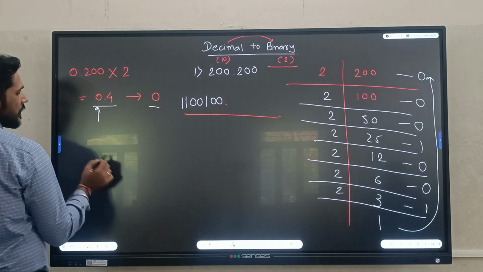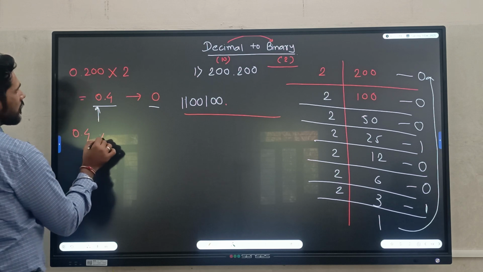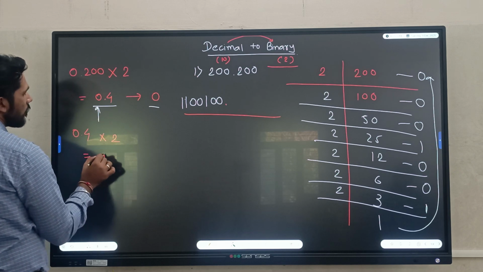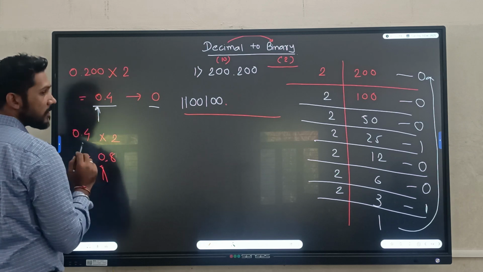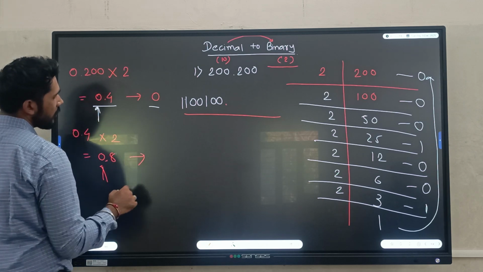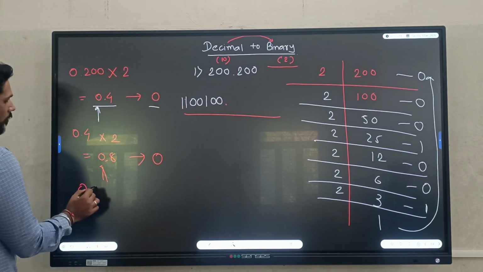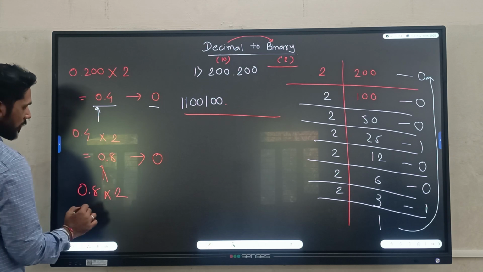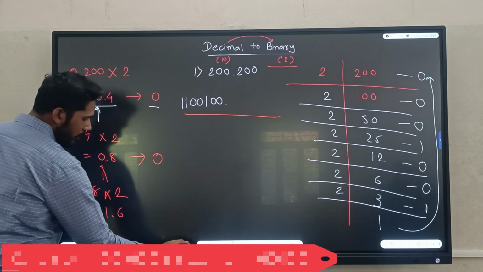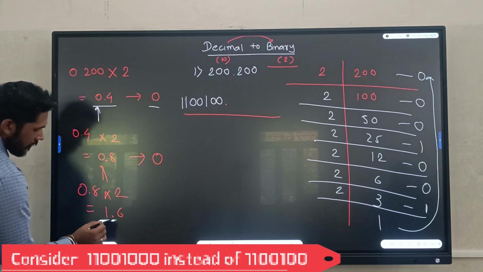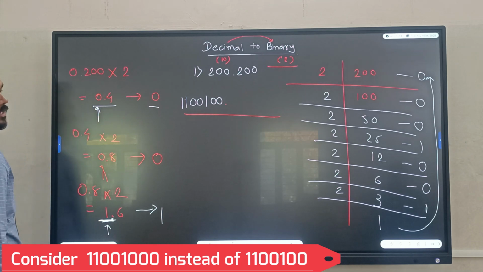Now repeating the same process, 0.4 multiplied by 2 gives 0.8. Here also we do not get an integer part, so the remainder is 0. 0.8 multiplied by 2 gives 1.6. So here we get an integer part, so we take the remainder as 1.